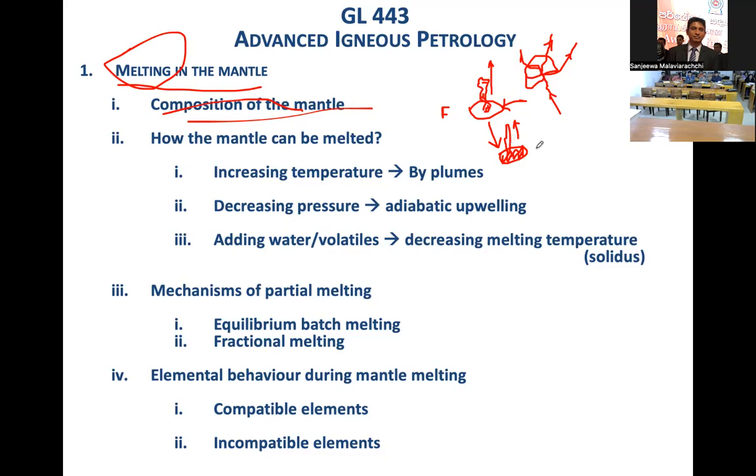So you don't get the F composition here. Instead, you get a different composition, say F1. This portion we call residue. So the melt has gone out, and now we are left with the residue.